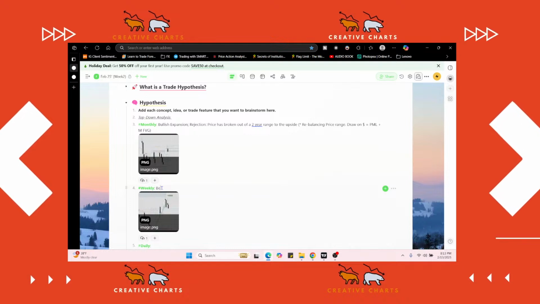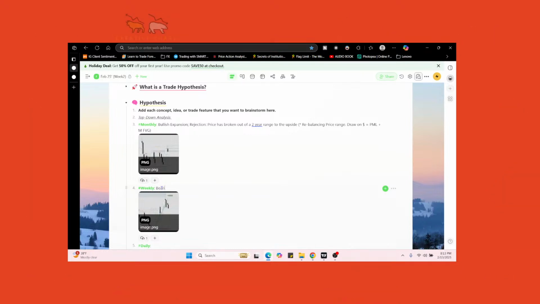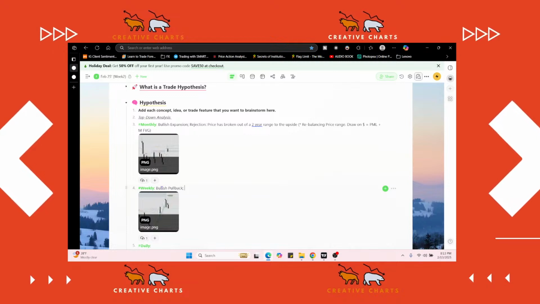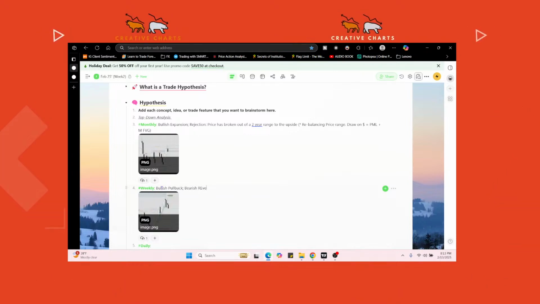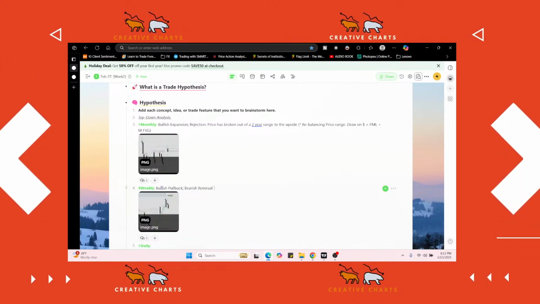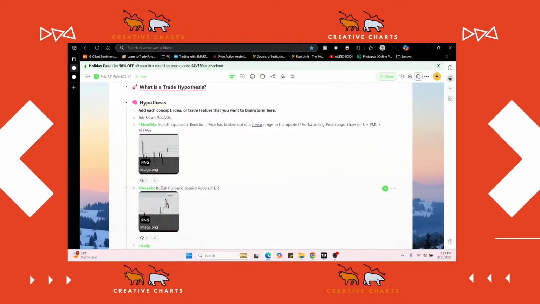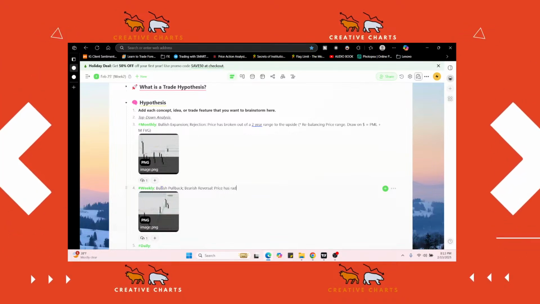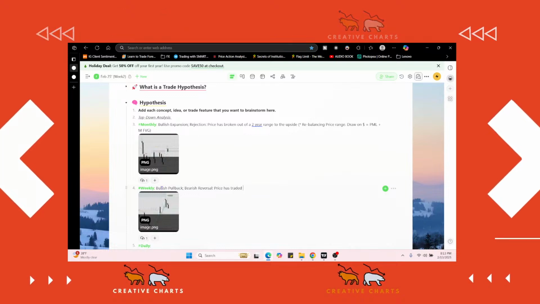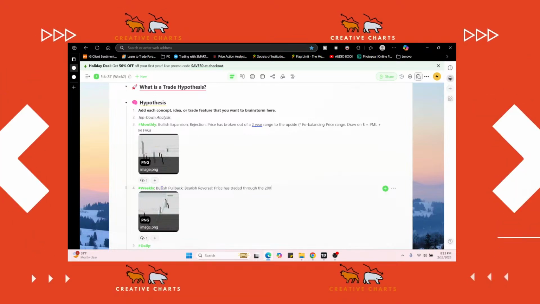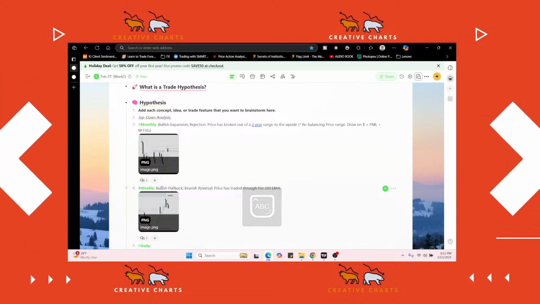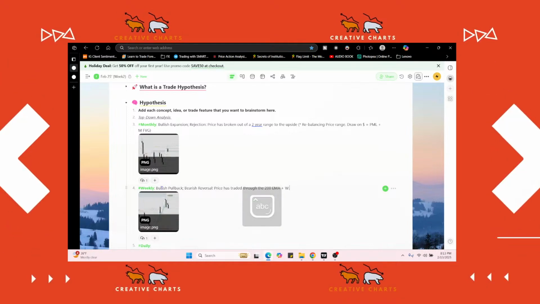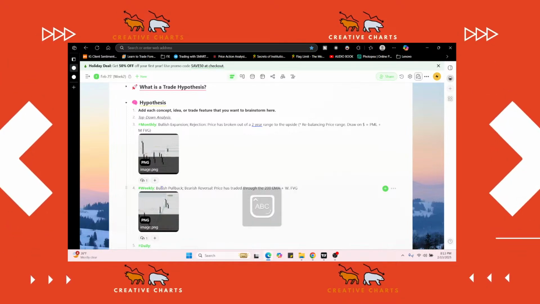Say bearish. Looks like a bullish pullback. Bearish reversal. Price has traded through the 200 EMA plus weekly value gap.